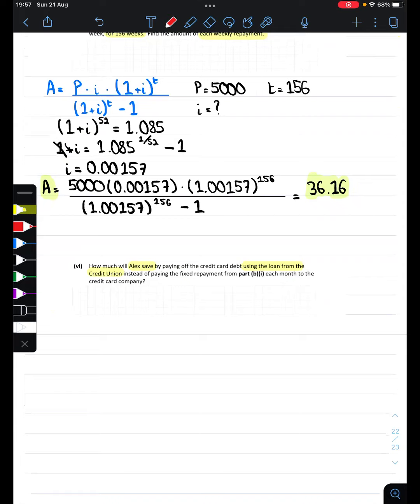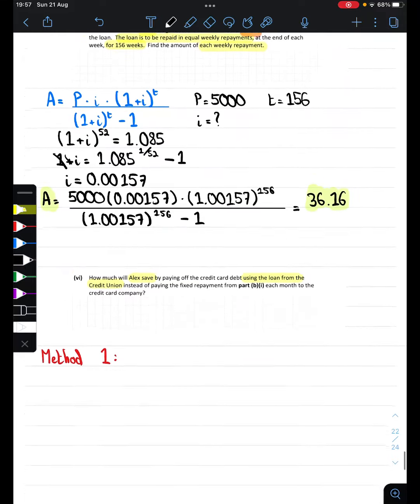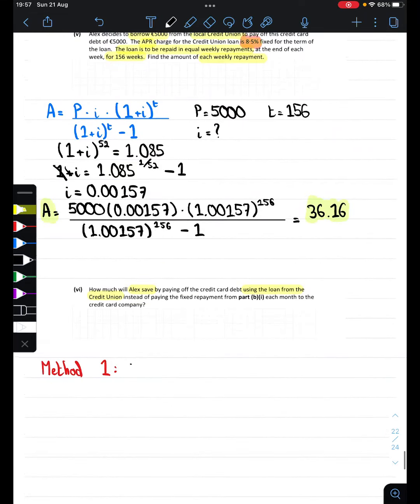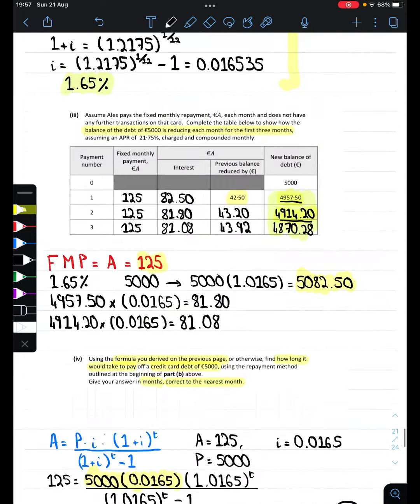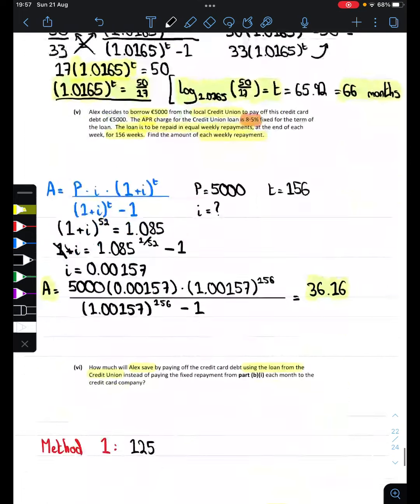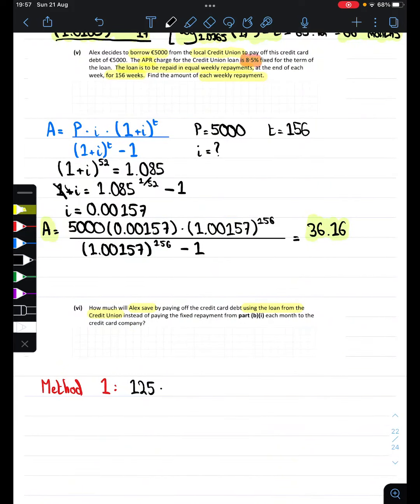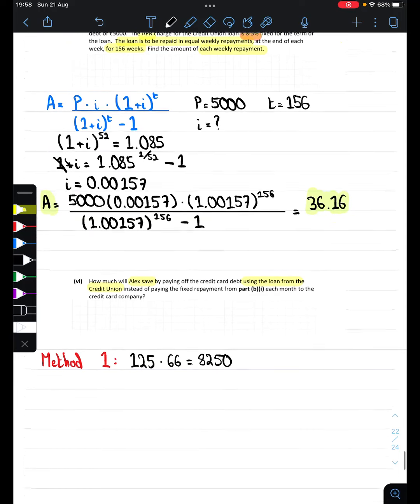So in method 1, the original method, just paying off the credit card month by month, he pays 125 euro for, we calculated, 66 months, which is 125 by 66, 8,250. So we'd have to pay 8,250 with this method.